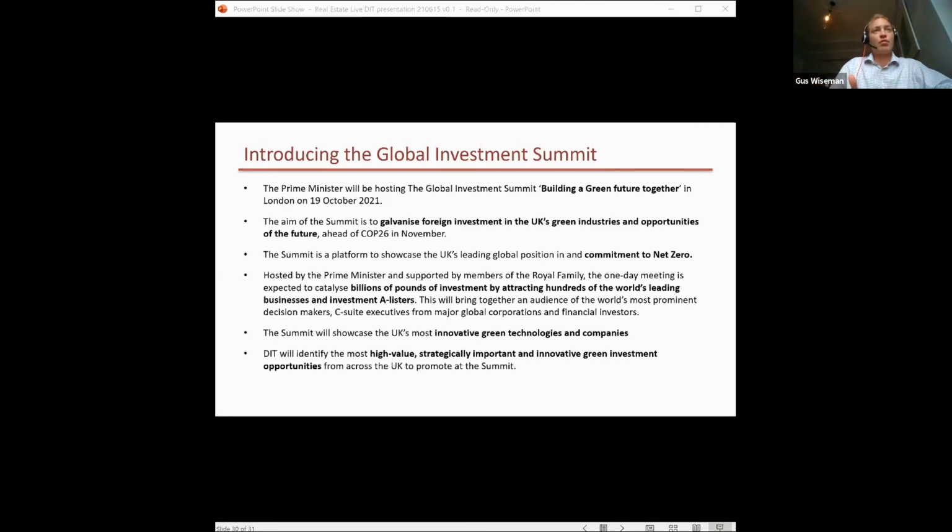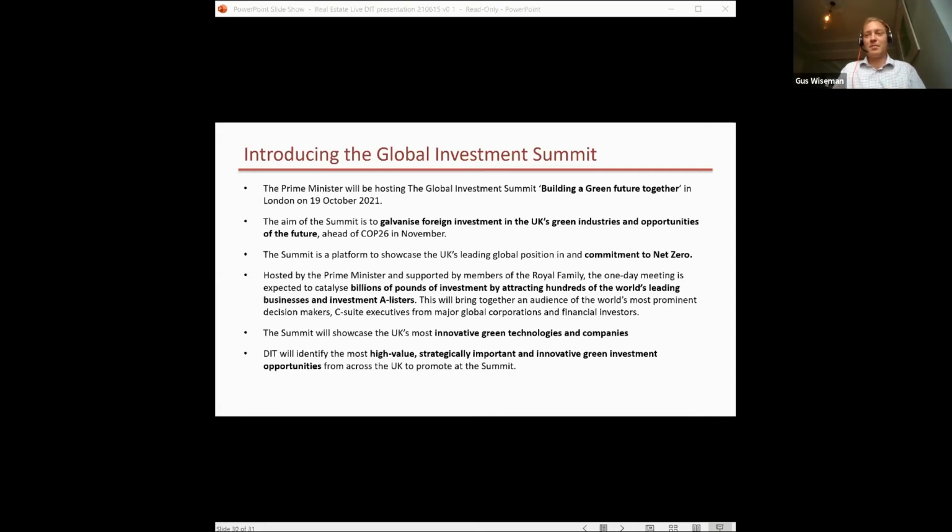So we are bringing together a range of opportunities which we think are going to appeal to investors in those particular segments. We're bringing those opportunities together into something that we will be calling the Investment Atlas, which is a new digital platform that we're going to use to showcase different investment opportunities with a map and a searchable, filterable functionality.